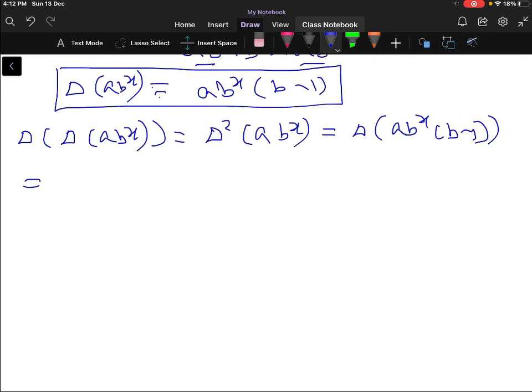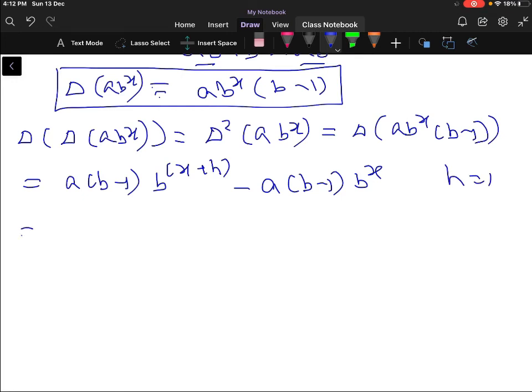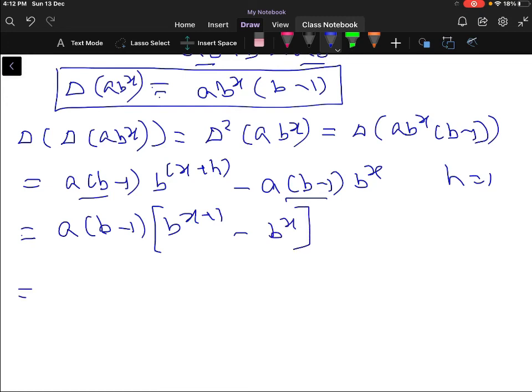again using the first forward difference here, that is a into b minus 1, which is constant, into b power x plus h, minus a into b minus 1, constant, into b power x. Here h is equal to 1. So a into b minus 1 is common, into b power x plus 1 minus b power x.